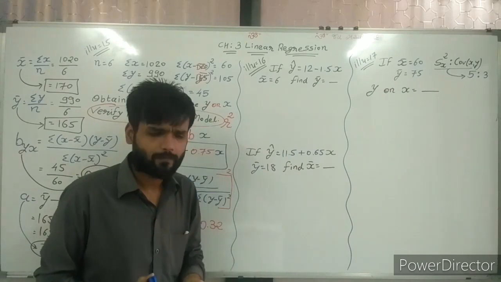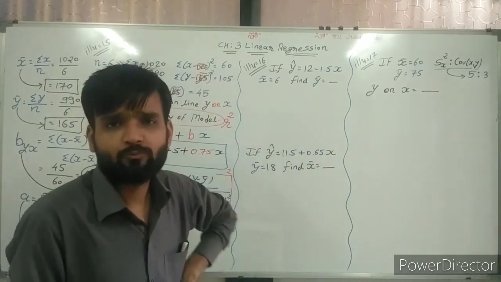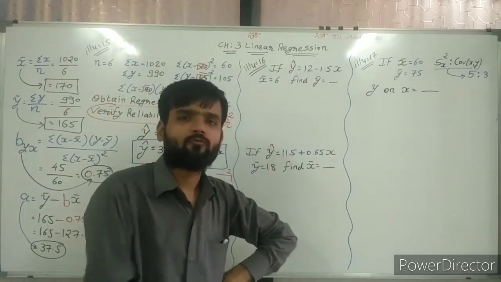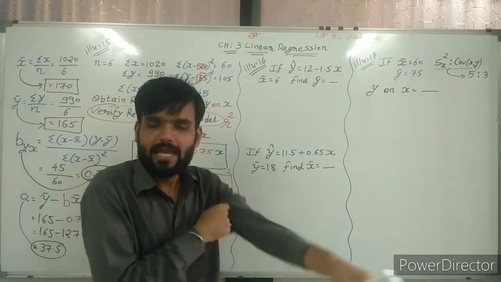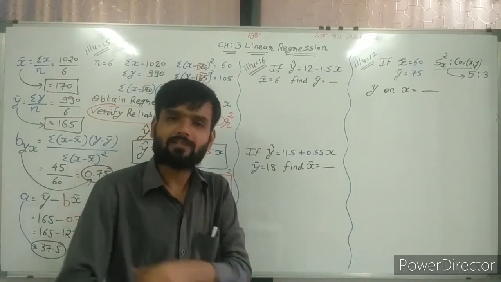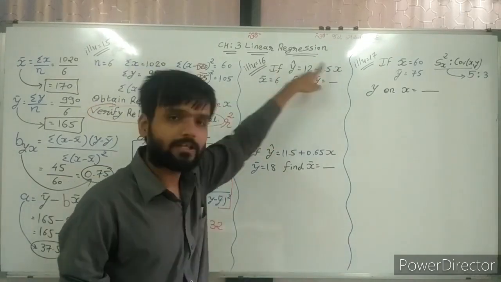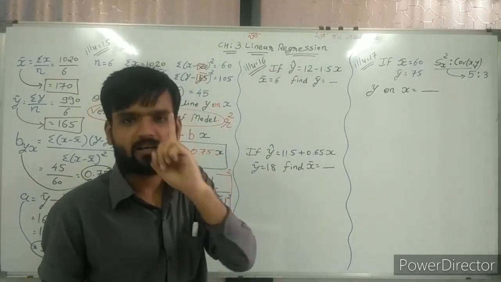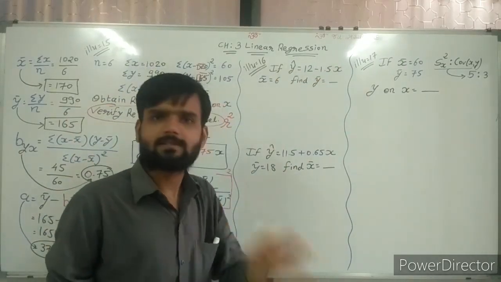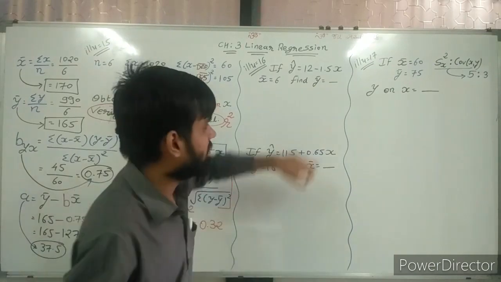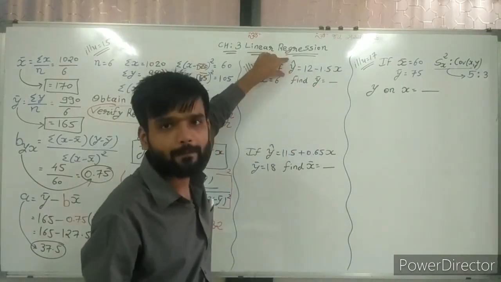Now the simplest one. Actually, I have not discussed this with you, but now I am telling all of you. X bar and y bar are those points which always pass through this line. Always. And that's why whenever we place the value of x bar here, we can find the value of y bar.